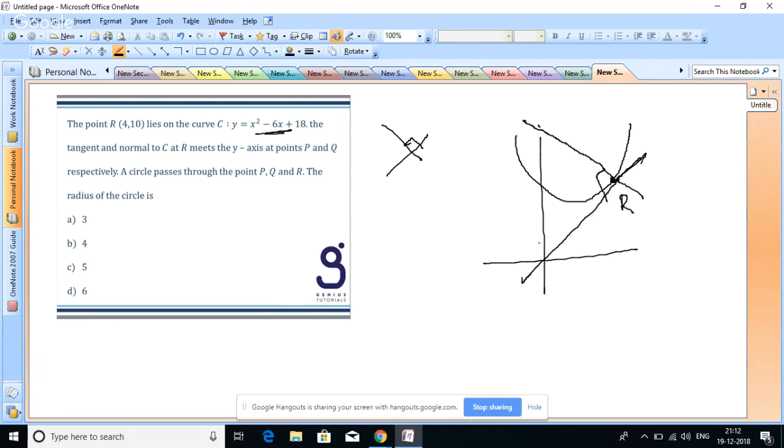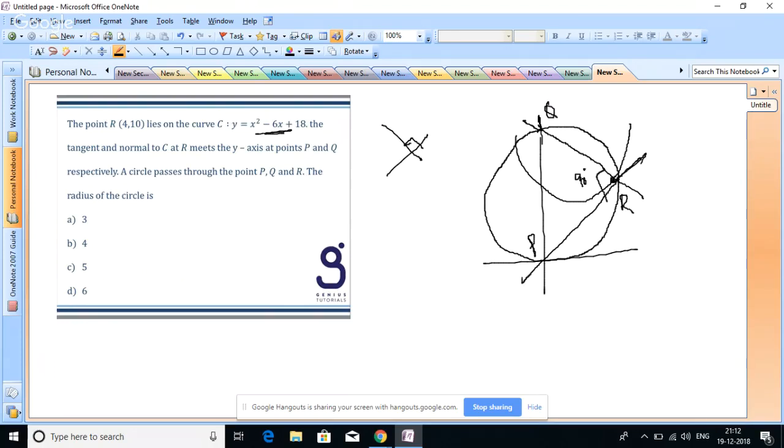It is given that this is P and this is Q, and a circle is made to pass through these 3 points. If this angle is 90 degrees, then this PQ must be the diameter.